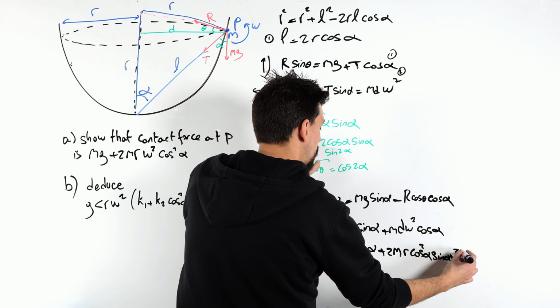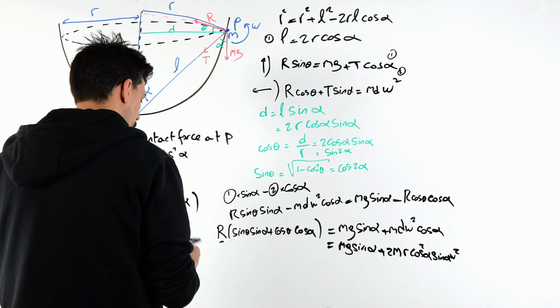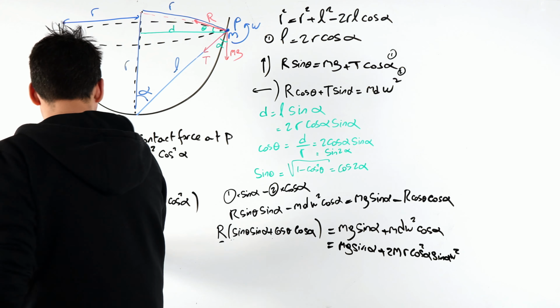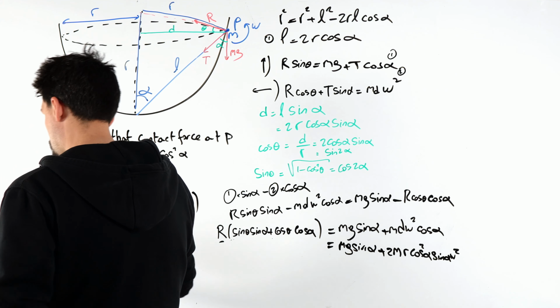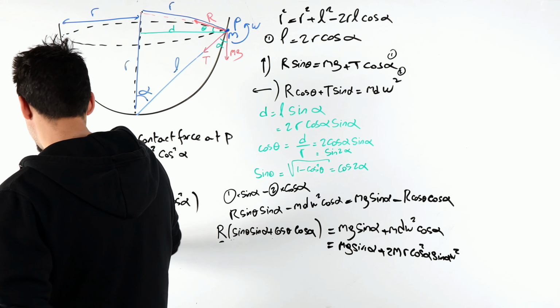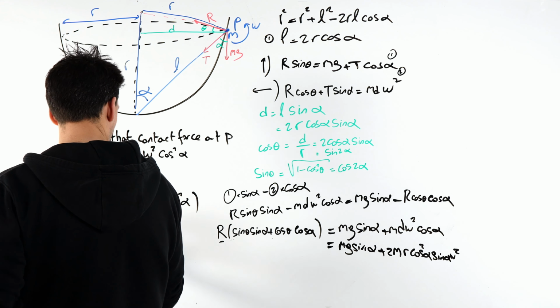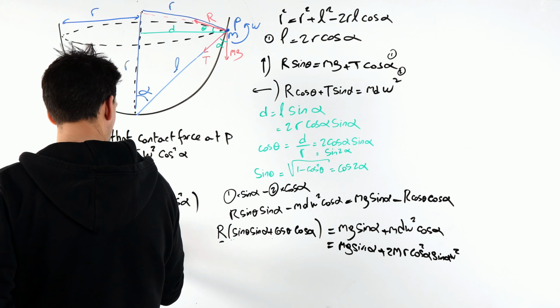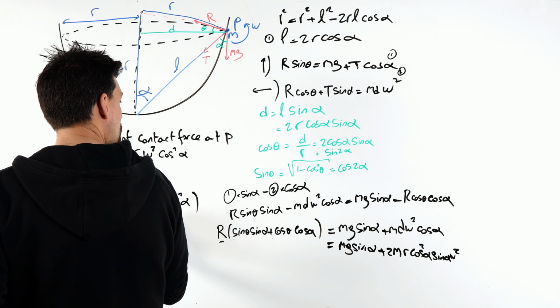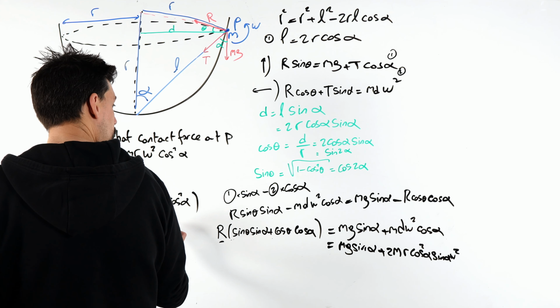Might be running out of space. Might be okay. And then over on this side, let's just do this over here because I do not have the space. So sine theta, we said sine theta was cos 2 alpha, sine alpha, that's fine. And cos theta was 2 cos alpha sine alpha, so 2 cos squared alpha sine alpha.